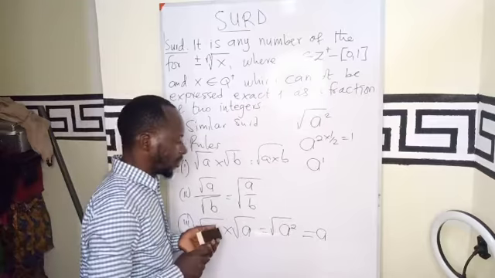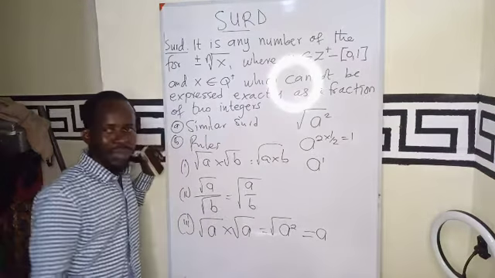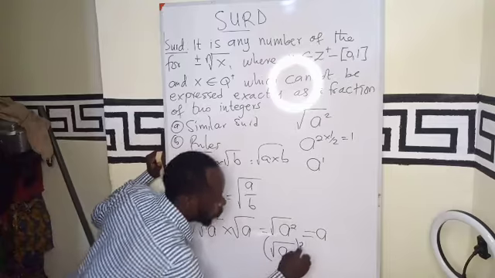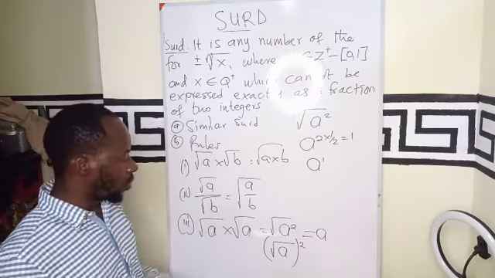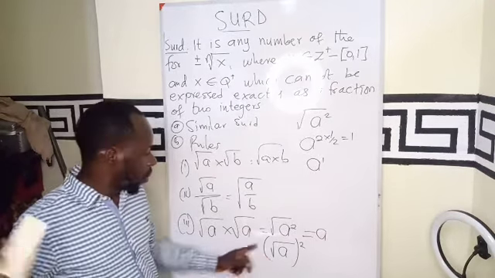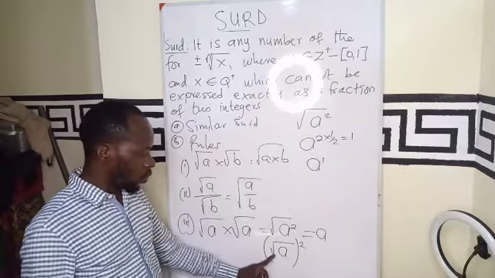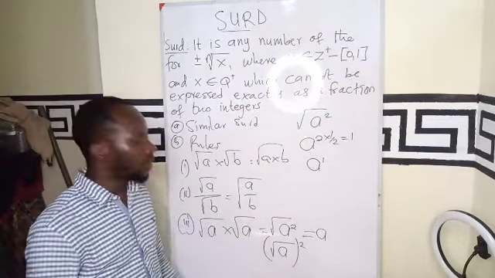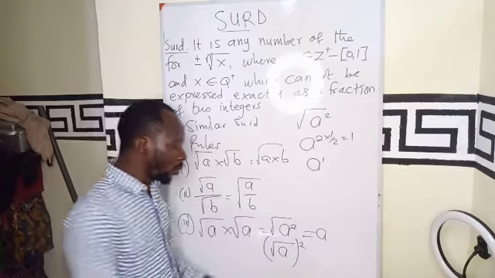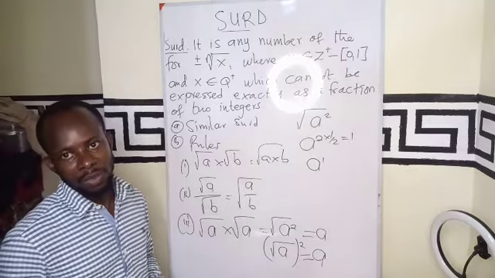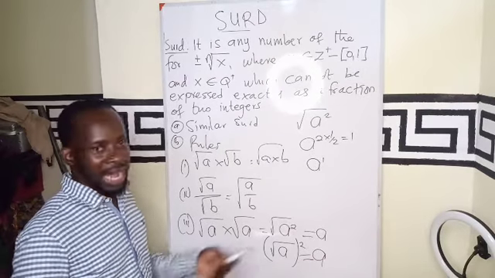But don't forget, this can also be written as the root of A all squared, because we are multiplying this by this. They are repeating, so root A repeats itself twice. So this could also produce the same answer, A. So if you are multiplying them, they are the same.